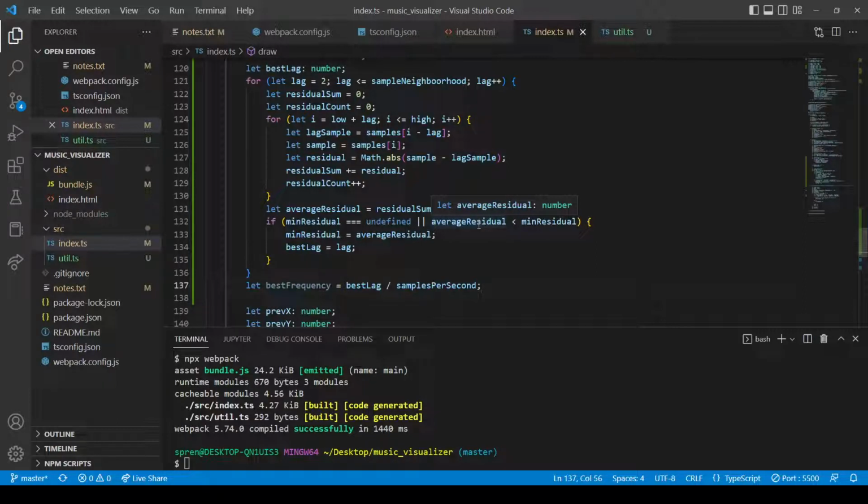So that is the wavelength in seconds. And then do you just do 1 over that? If you have one wave every 2 seconds, that is a half hertz frequency. I think that's right.